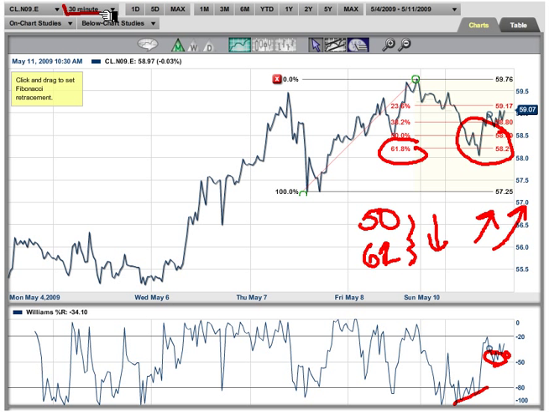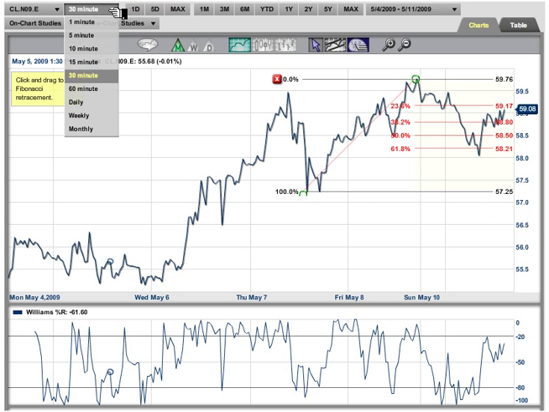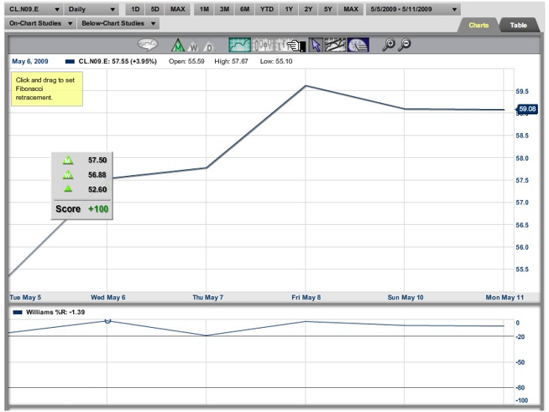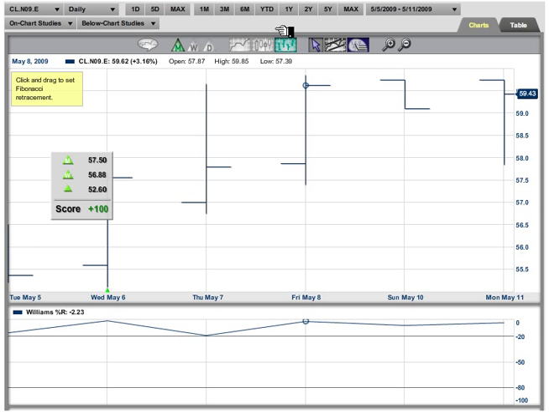And if we take everything off the screen and then go back to our daily chart, I'm going to go to a bar chart here very simply, and I want to take the triangles off right here and scope this out just a little bit.